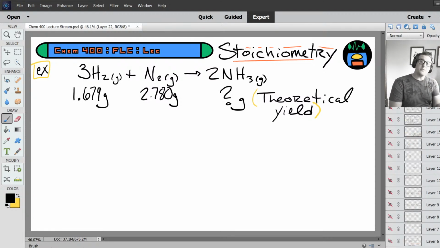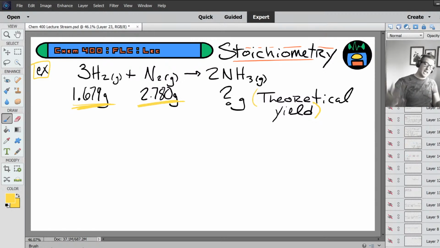In the examples that we've done up to this moment in time, I'll give you a mass of 1 reactant and I'll say, this reacts completely. How many grams of products do you make? And you could do it. But the question here is, do you use the mass of hydrogen or do you use the mass of nitrogen?